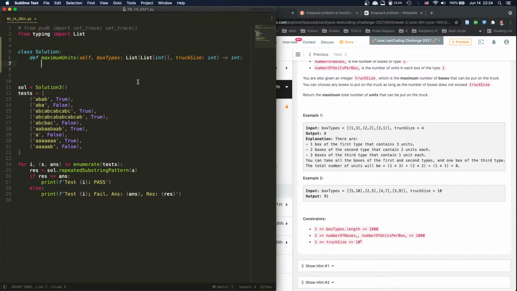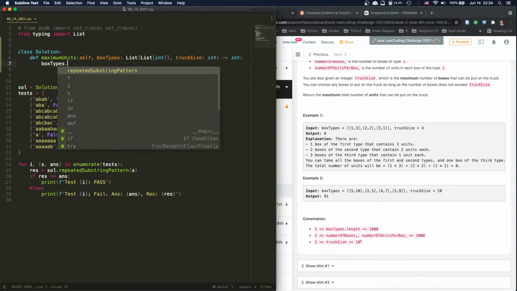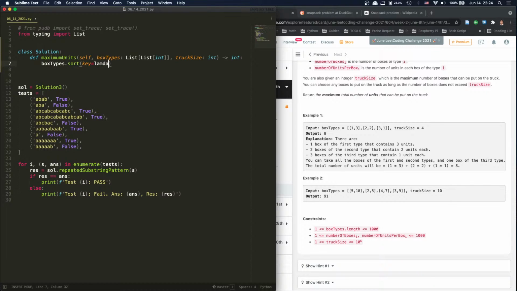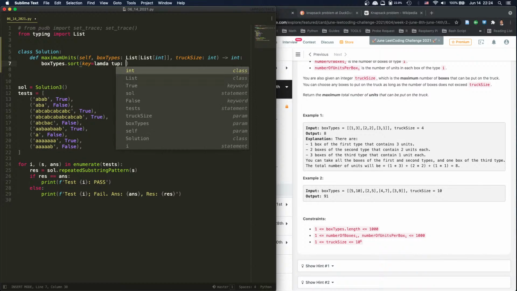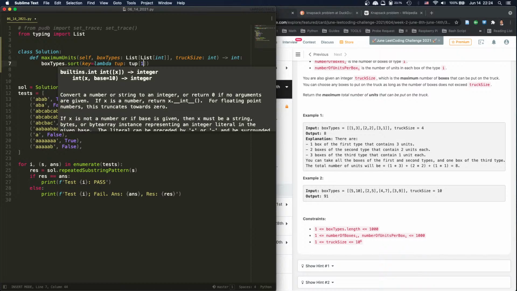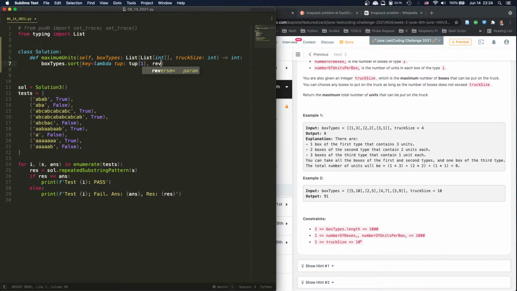So to do greedy, we first sort. So we can say box types dot sort, key equals lambda. We're going to sort based on the second value. So lambda tuple, we're going to sort by tuple 1 and reverse equals true.